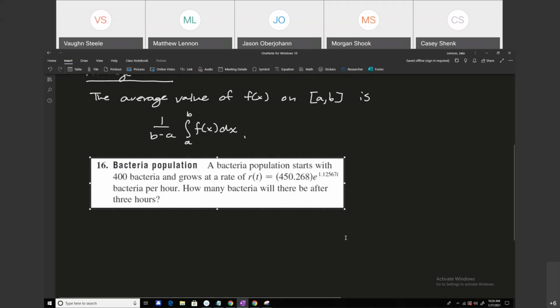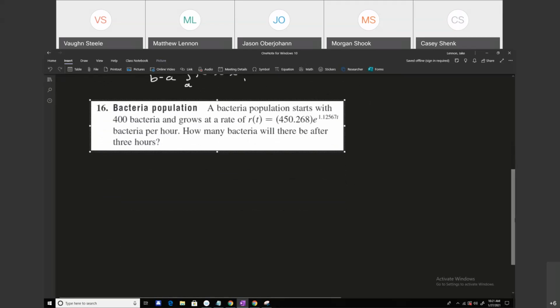So yeah, they ask how many there will be, not what the increase is. I just want to make sure, because it's a little bit wordy, whether you're thinking about the population increase or the actual total population.